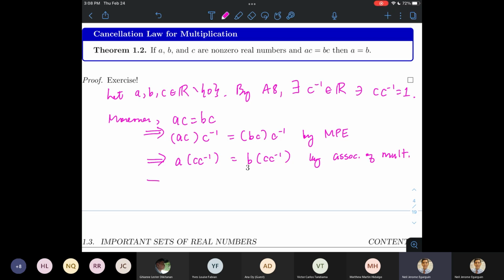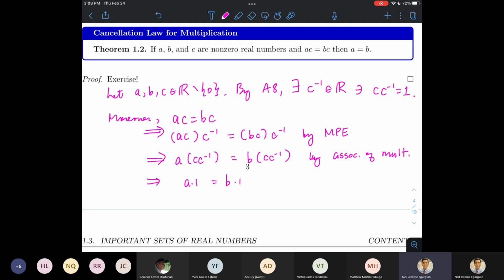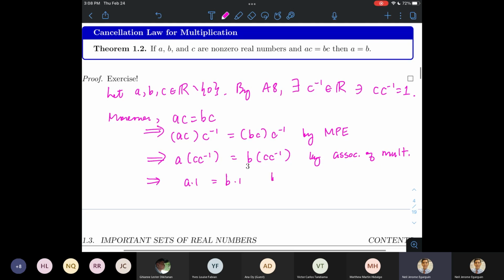So here, I can say this is A times 1 equals, the same thing will happen to the right side. This would be B times 1. You can say by property of multiplicative inverses, or you can say by A6. All right, so A6 nga ba niya? A8. So pwedeng ganun nyo siya isulat.